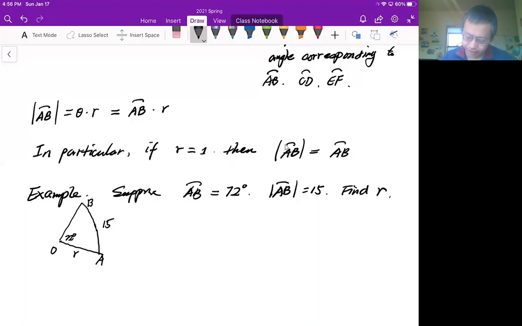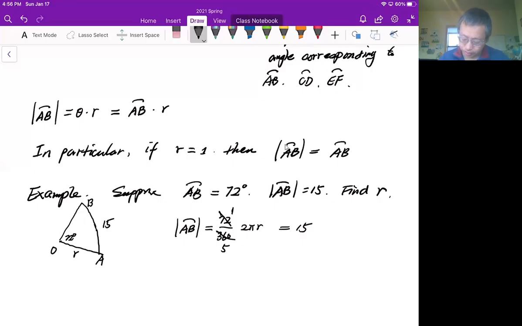So first of all, we have the formula for the arc length. This is 2 pi r, and I have 72 degrees on the top, 360 degrees on the bottom, and that should be equal to 15. So I can set up the equation and solve it without much problem. 72 cancels with that; 360 divided by 72 is 1 over 5.